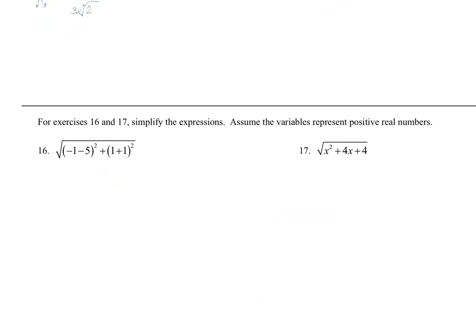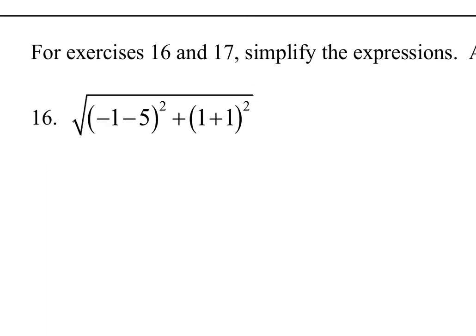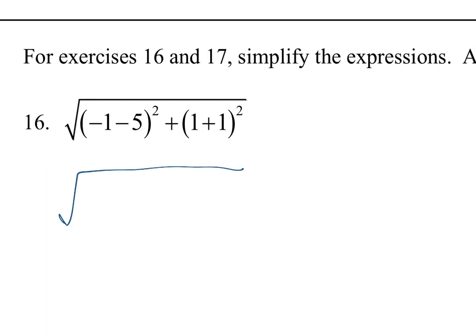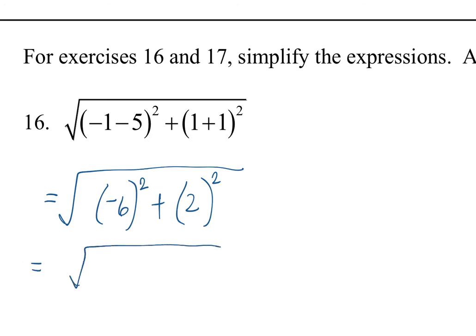Okay, let's look at the last 2 exercises. On number 16, I can simplify what's inside of these parentheses. -1 minus 5 is -6. And 1 plus 1 is 2. Well, let's go a step further. -6 squared. Be careful. Some calculators, when you type this in, read it like this, and that would only square the 6 and not the negative.